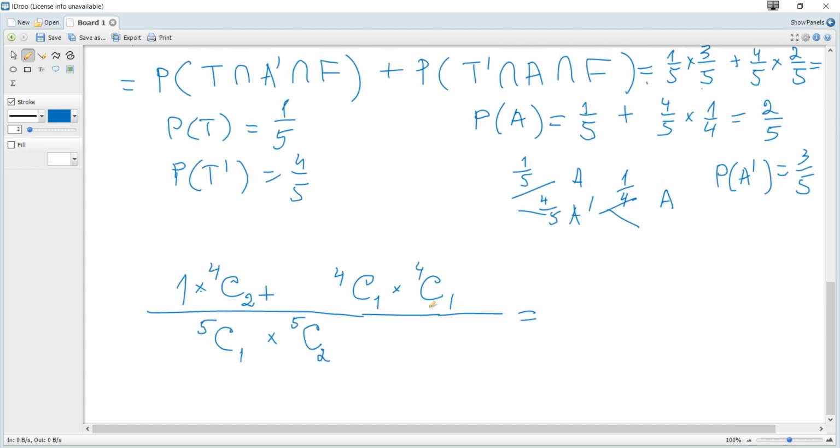So absolutely similarly, but in terms of number of combinations.